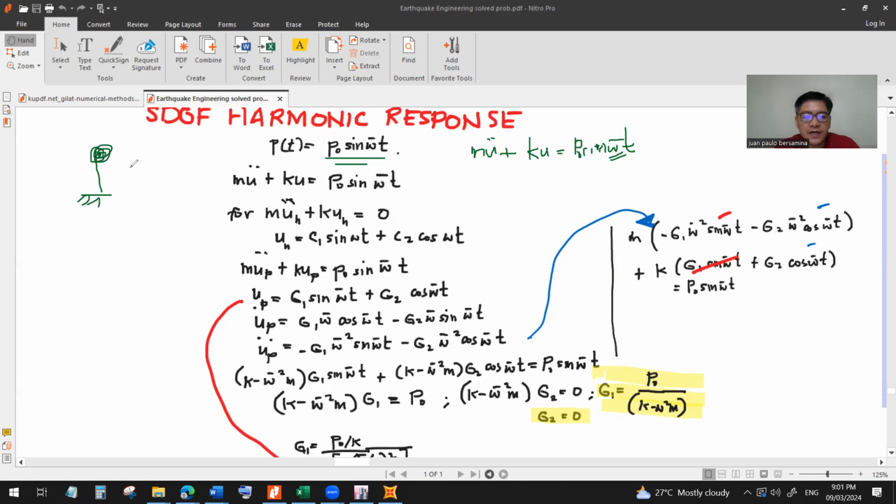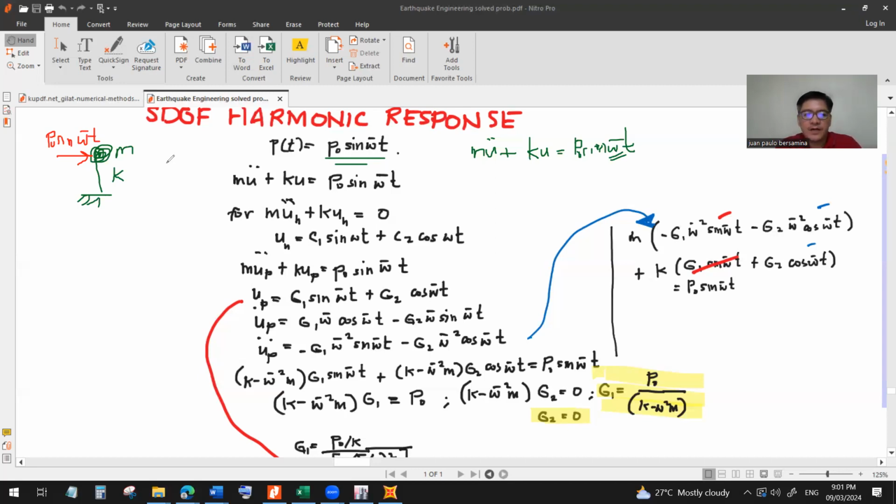So for example, this is your SDOF structure. Again, this SDOF has its natural frequency, which is dependent on its mass and stiffness. But when there's a force being applied, a harmonic force, for example, in the form of P sub 0 sine omega bar t.